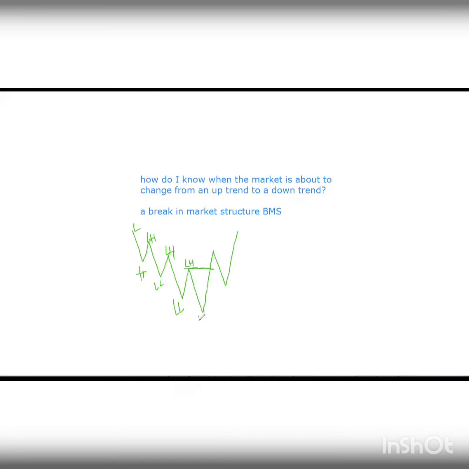Then the market created a lower low. So the next thing it was supposed to create is what? Had it reversed at this point, it would have created a lower high. But instead, it went past this previous high and took it out. So automatically, the new high it created is higher than the previous high. So that's why we have a higher high.